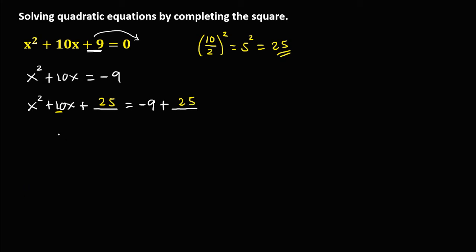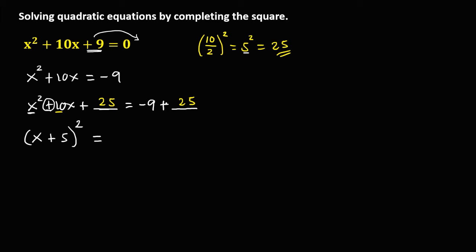Then simplify. We need to factor out the left side. Factors of x squared is x times x. Since this one is positive, therefore plus. Then factors of 25, that's 5 times 5. So we have now (x plus 5) to the power 2.